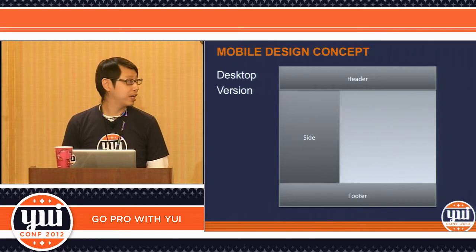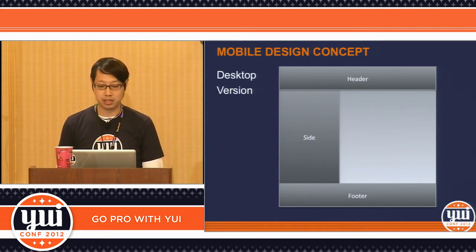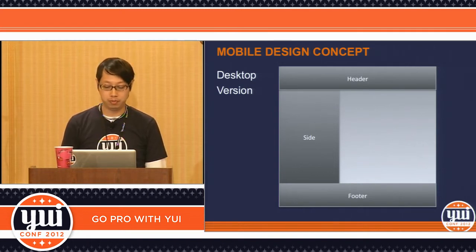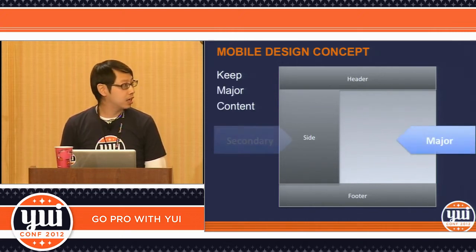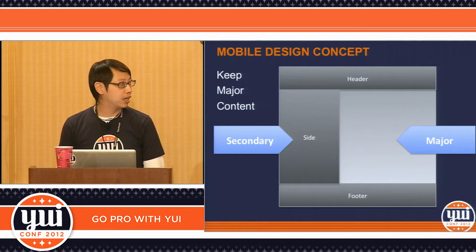So what can we do? First, we can consider removing some content from this page. For example, remove secondary contents. And we just keep major content on it and remove the side column.